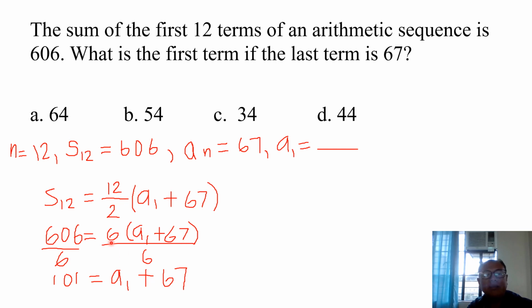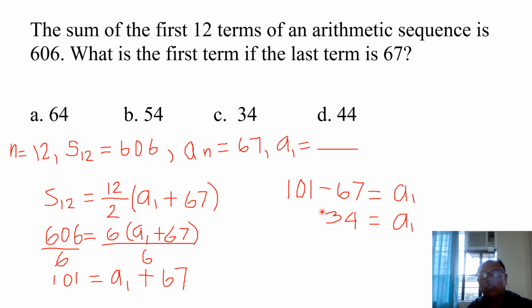Now to eliminate 6, we're going to divide both sides by 6. So cancel 6, and 606 divided by 6 is 101, which is equivalent to the first term plus 67. Then by the addition property of equality, we're going to remove 67 from the right side, so we subtract 67 on both sides.